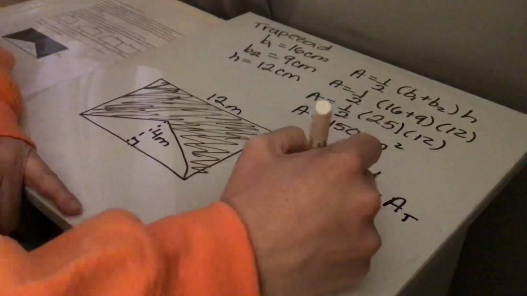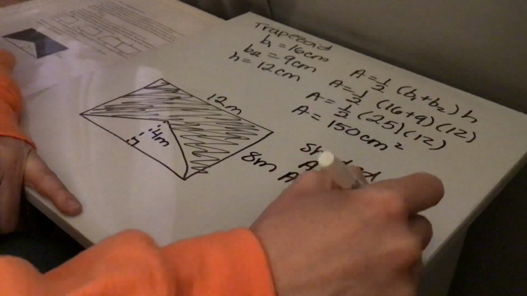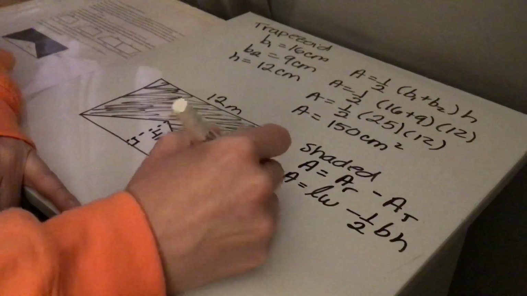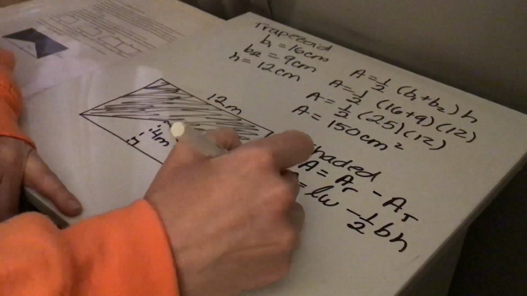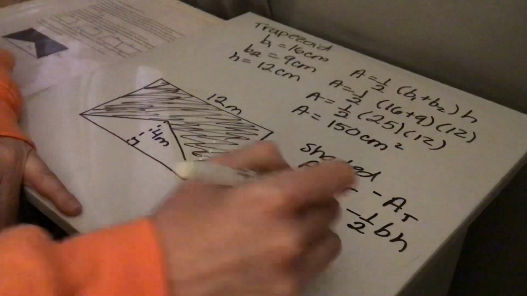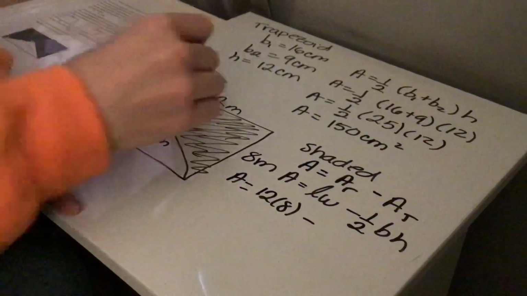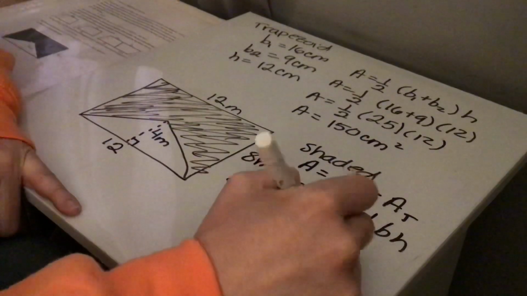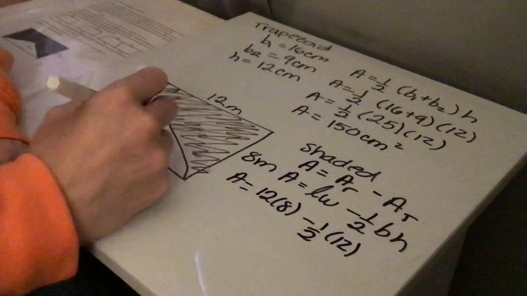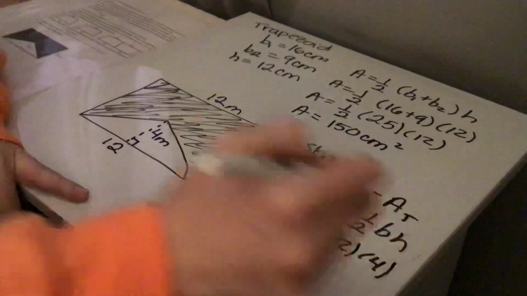The area of a rectangle is length times width, and the area of a triangle is 1/2 base times height. Looking at the big rectangle, the length is 12, and the width is 8. For the triangle, this is the same measurement here. So that's your base, so 1/2 times 12, and then the height of the triangle is 4.